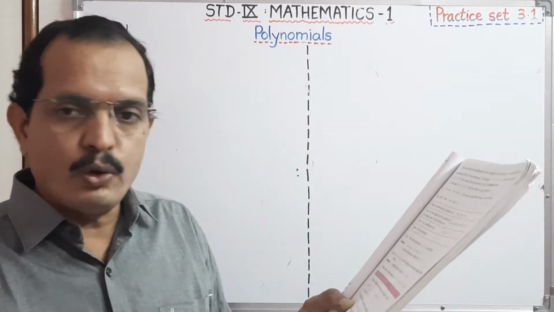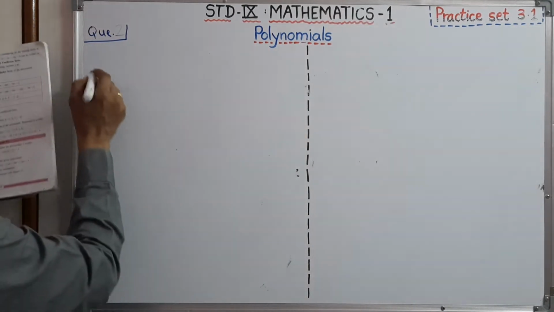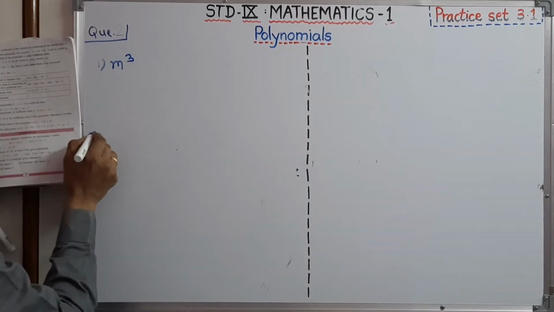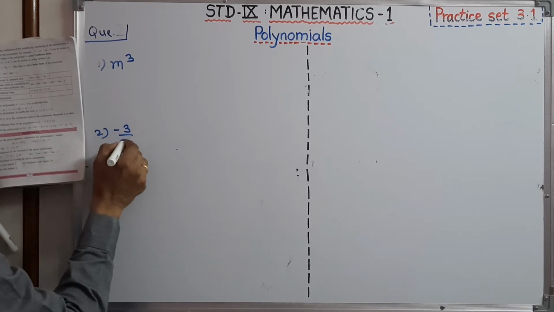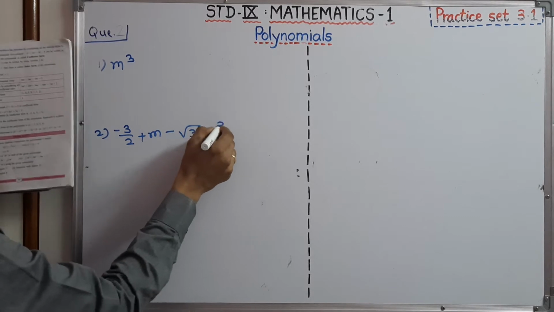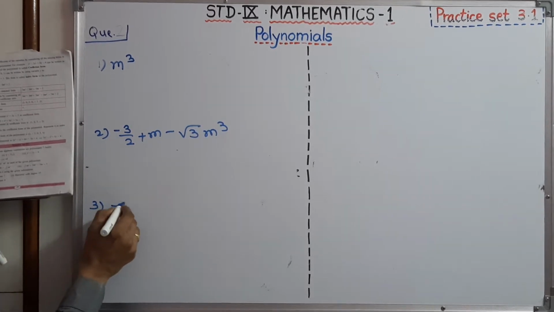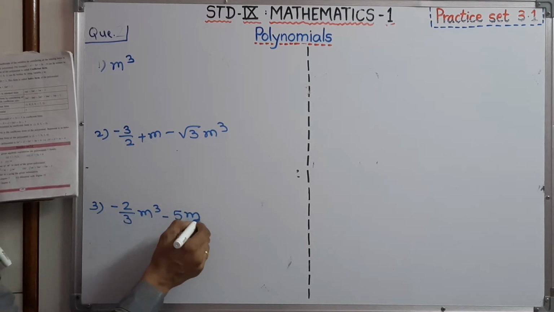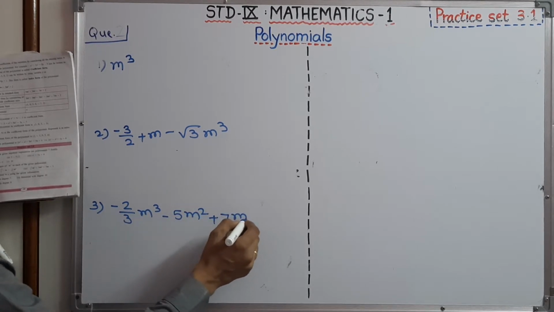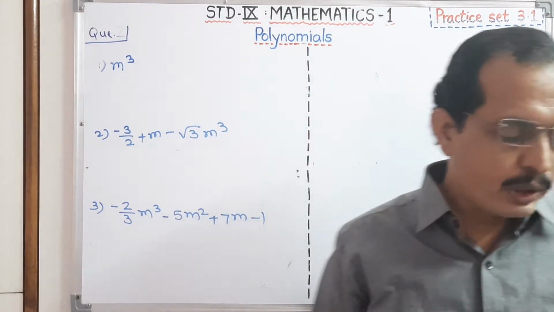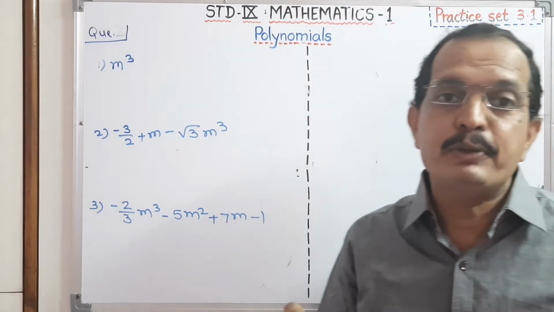We have to write the coefficient of m cube. See, first m raised to 3, second minus 3 upon 2 plus m minus root 3 into m cube, third one is minus 2 upon 3 m cube minus 5m square plus 7m minus 1. Three polynomials are given and we have to write the coefficient of m cube.